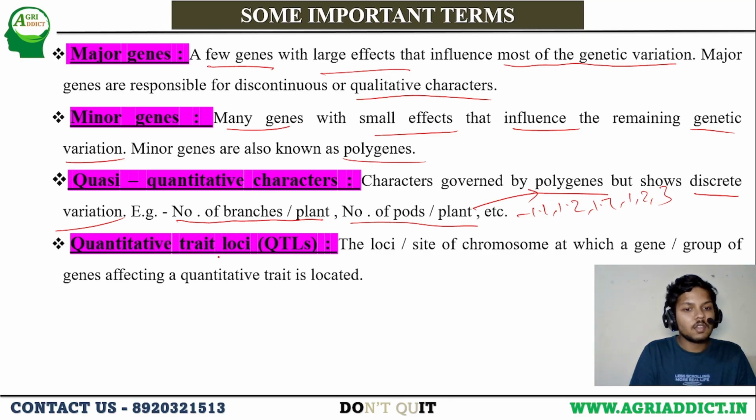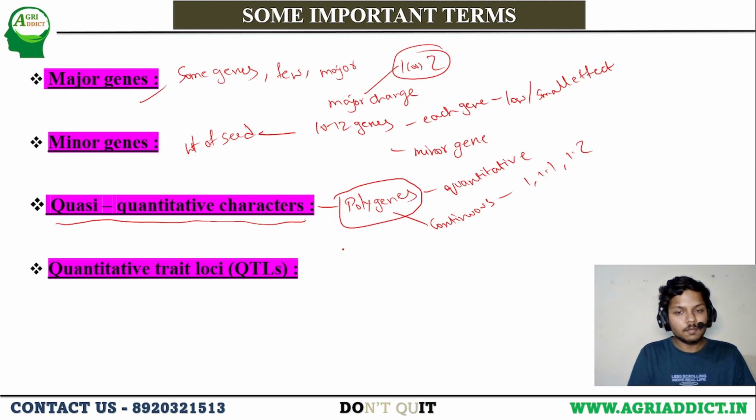And the next one is quantitative trait loci. Quantitative trait loci means the locus or the site of the chromosome at which genes affecting a quantitative trait are involved. We all know these are the polygenes. Polygenes affect a character, for example, weight of the seed. This is a chromosome.